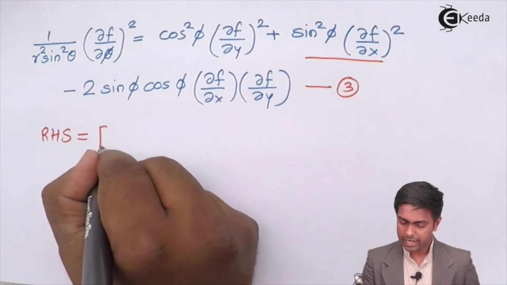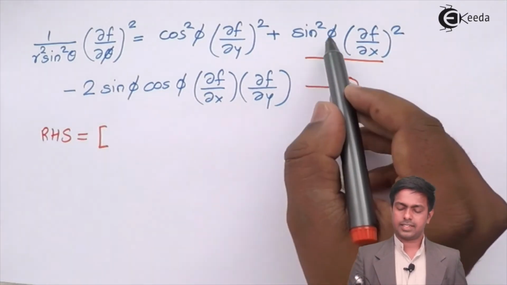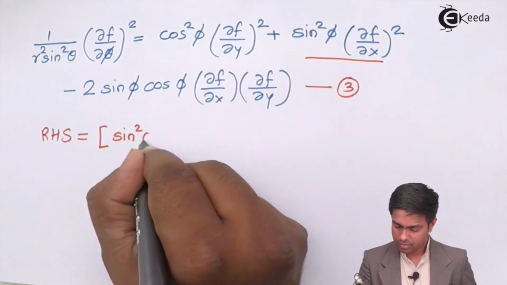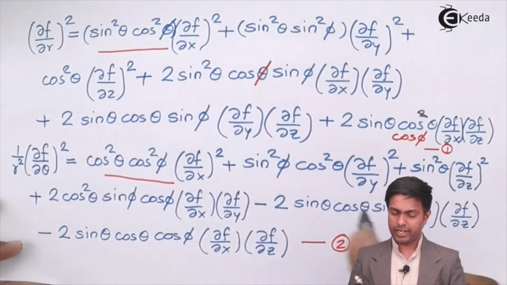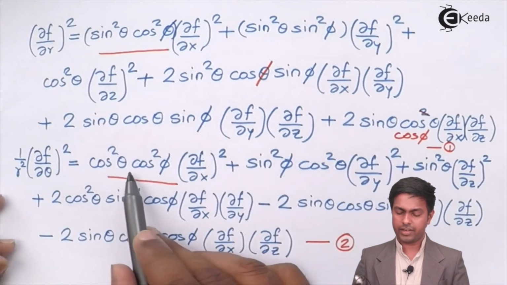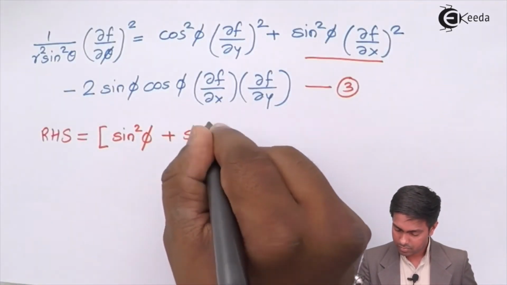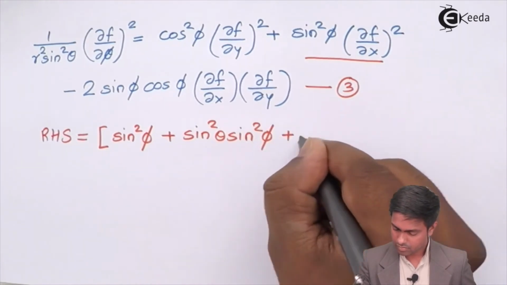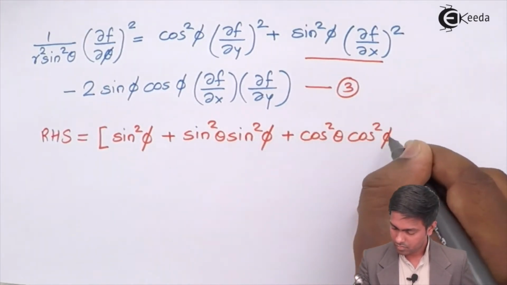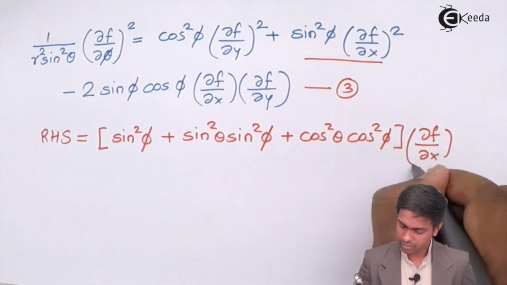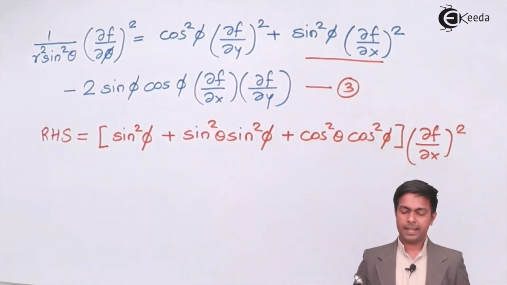So inside the bracket we will get this sin square phi. Here I'll write it down. From here we'll get sin square theta cos square phi, and here we'll get cos square theta cos square phi. Del f by del x the whole square term outside.